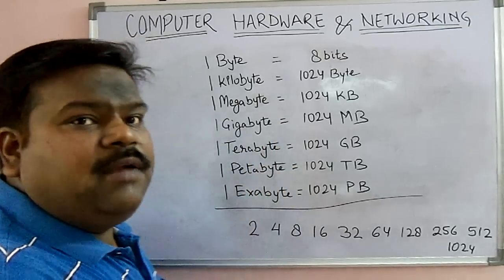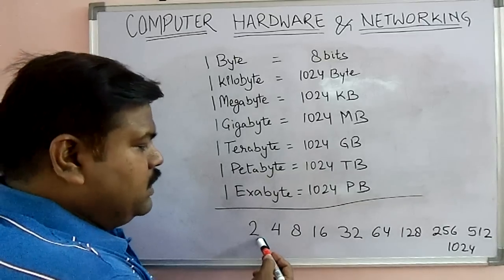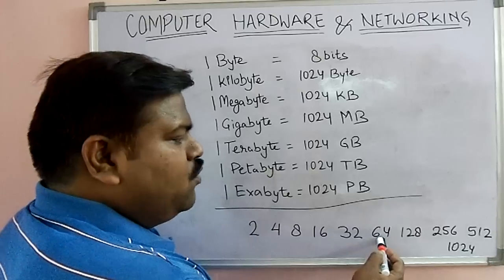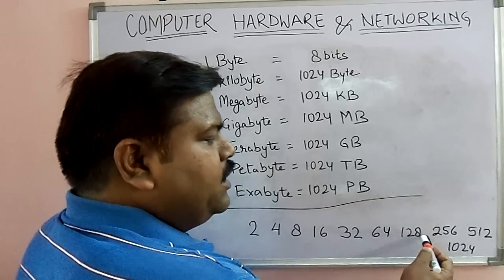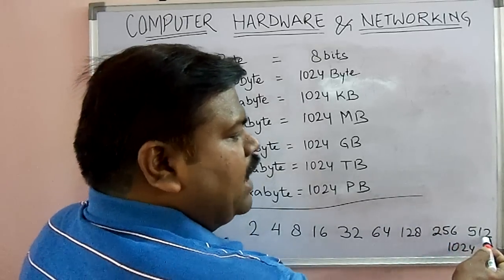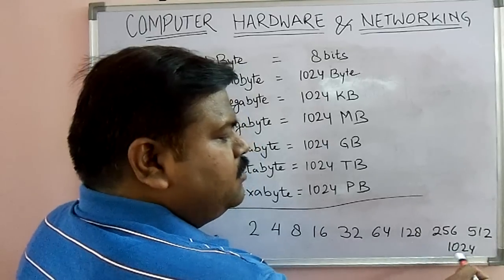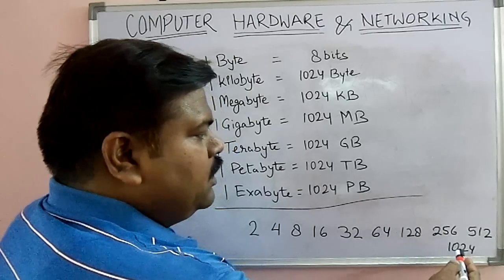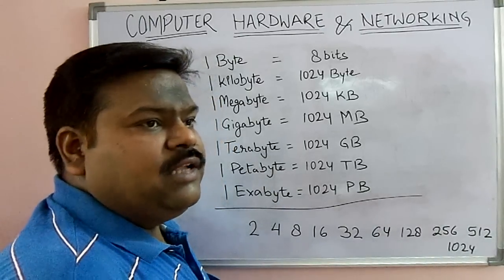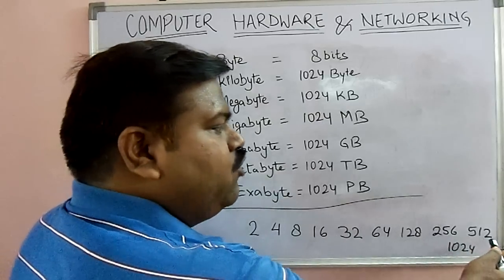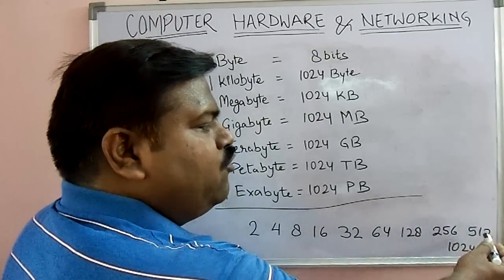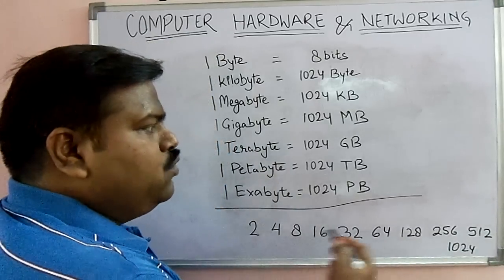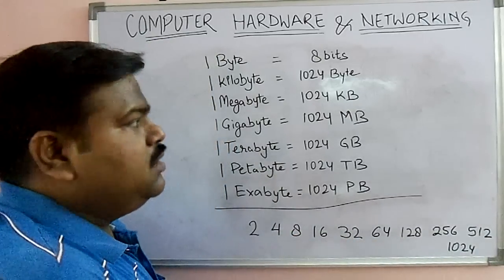So in binary number system there is 2, then 4, 8, 16, 32, 64, doubling it 128, doubling it 256, 512, and here comes 1024. As you have seen, in case of RAM, we used to say 512 MB or 256 MB. So we use binary number system in computers.